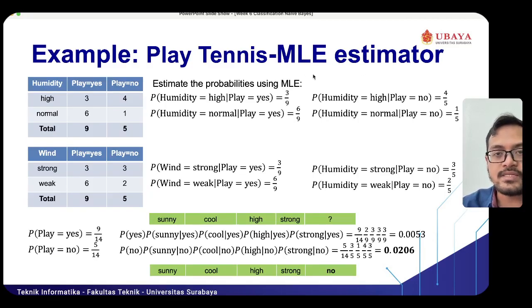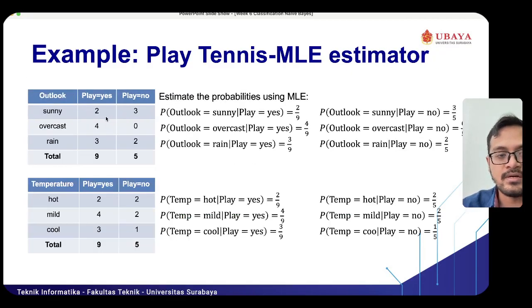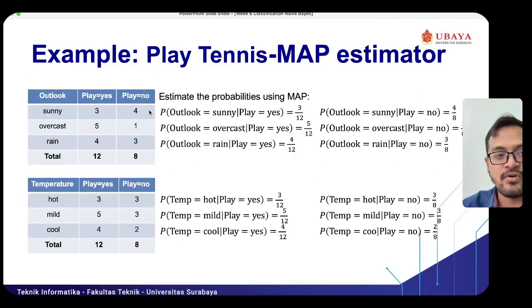For the MAP estimator, we can simply add one to every table here, for every condition in specific features. For the Outlook feature, it was 2 and 3; for the MAP, it will be 3 and 4.